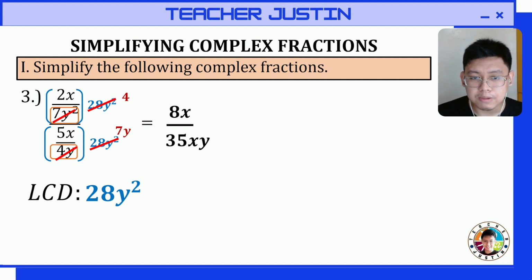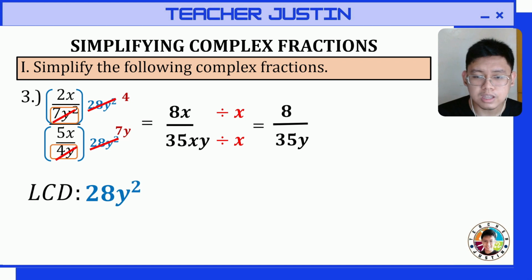Now, let's still simplify this since we have a common factor of x. So, let's divide both numerator and denominator by x, giving us our numerator being 8, and our denominator will be 35y. And this will be our simplified form of our complex fraction, 8/35y. And that's it. Ta-da!